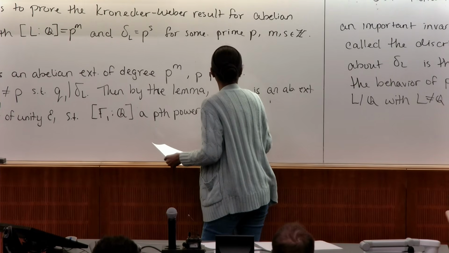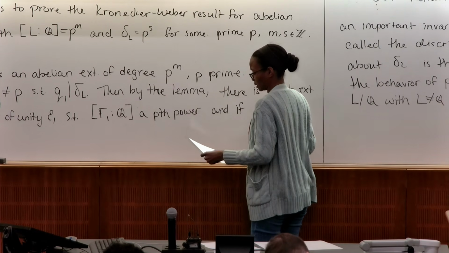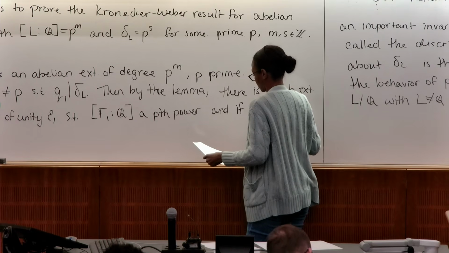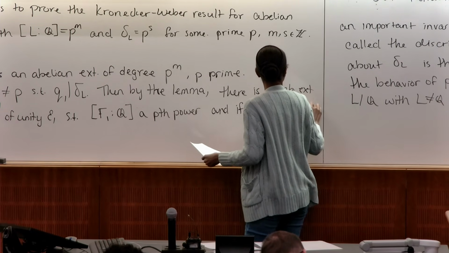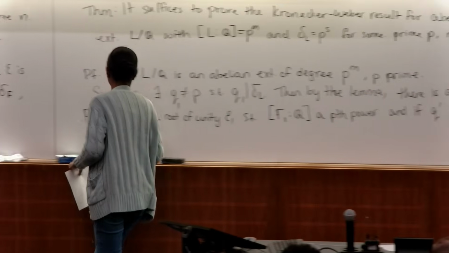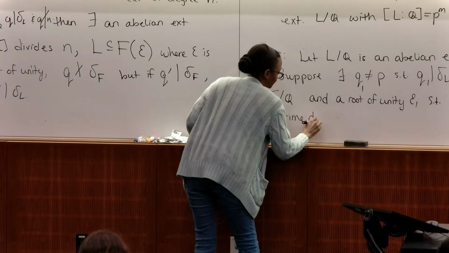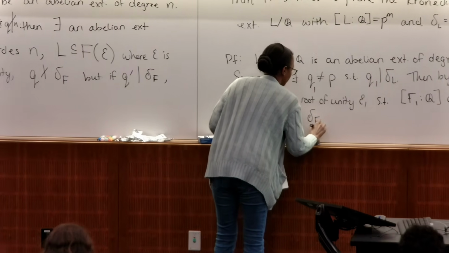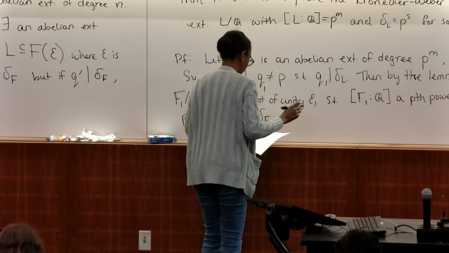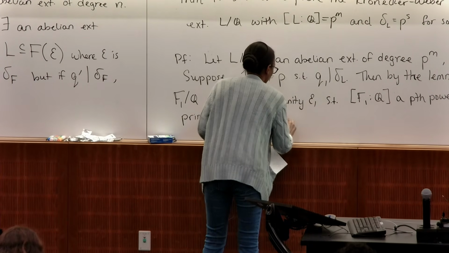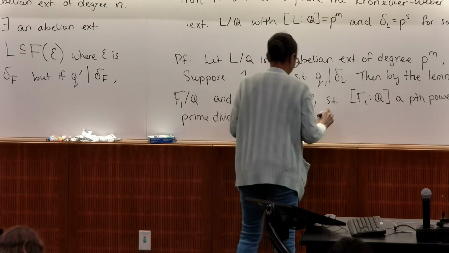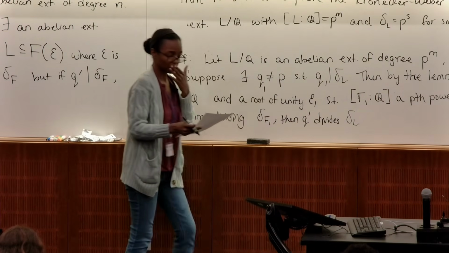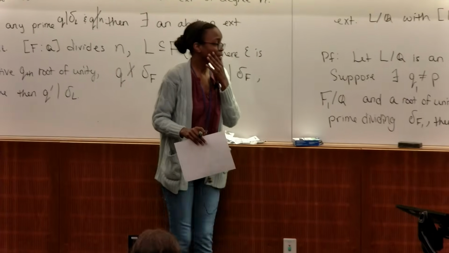And if, let's see, what am I calling it? If Q prime is any other prime dividing the discriminant of F1, then Q prime divides the discriminant of L. Okay.